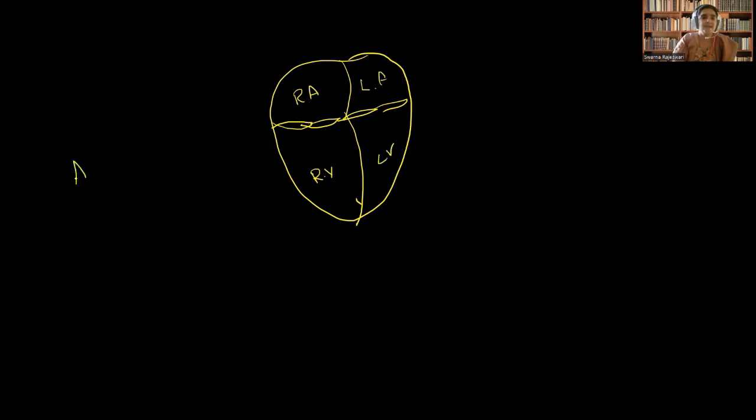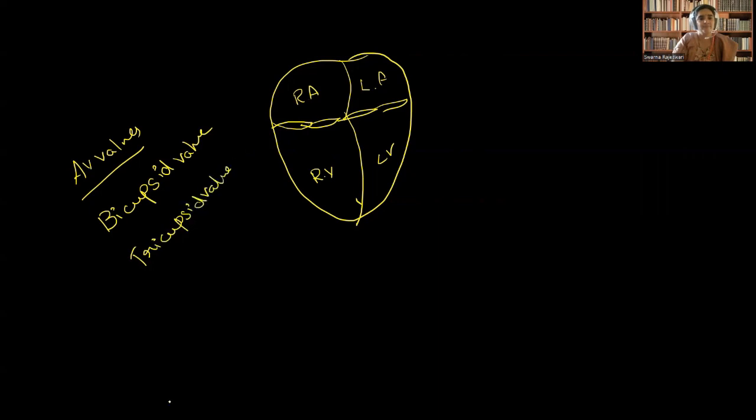I am saying AV valves, that is the bicuspid as well as the tricuspid valves. The bicuspid is also called the mitral valve. These bicuspid and tricuspid valves open and send the blood into the respective ventricles when the auricles are contracting.